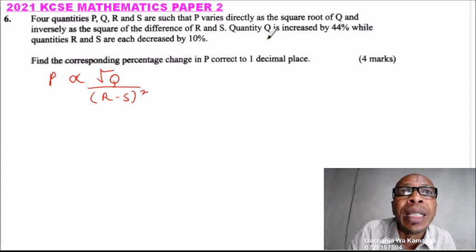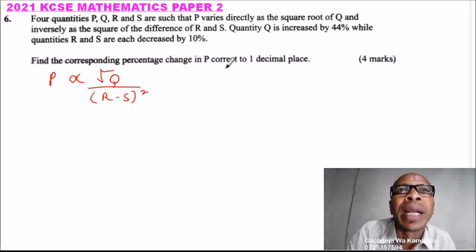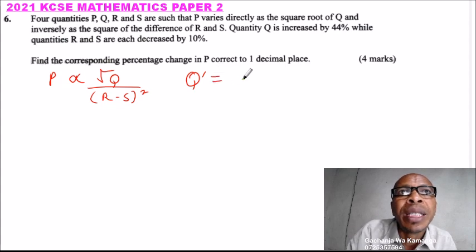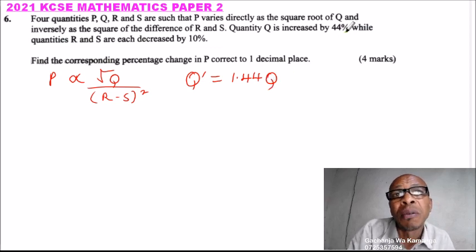Quantity Q is increased by 44%, while quantities R and S are each decreased by 10%. Find the corresponding percentage change in P correct to 1 decimal place. Now, the new Q will mean it is 1.44 of the old Q. That is an increase of 44%.